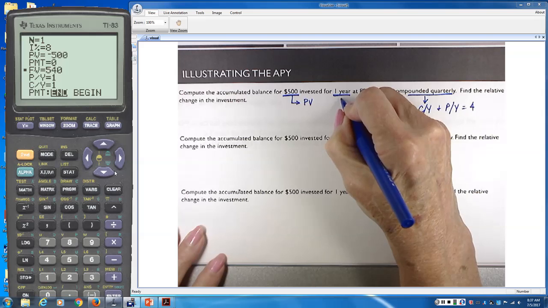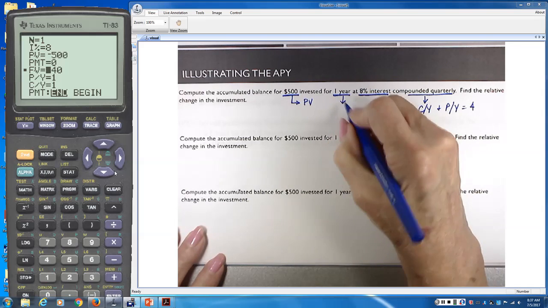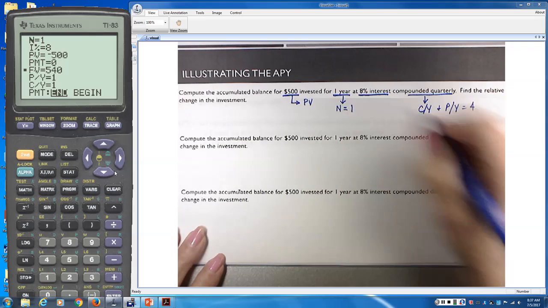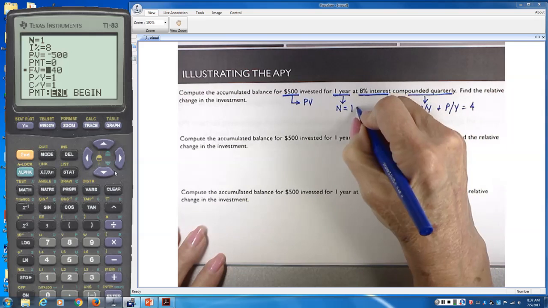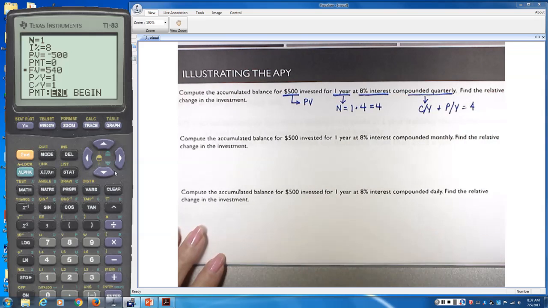This is going to be the number of years, so 1 year times 4 payments in that year. So when we set up our solver, it's going to look like this.